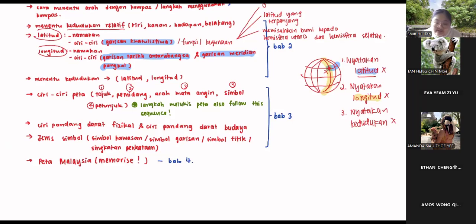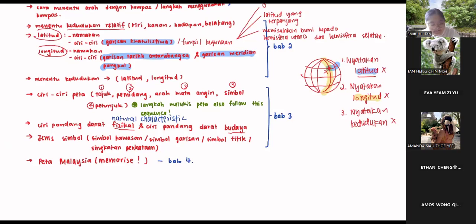Now, another common one: make sure you can differentiate physical and budaya. Physical means natural characteristics.